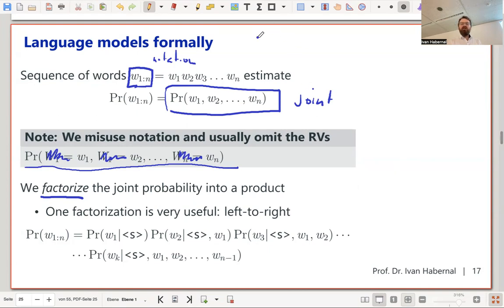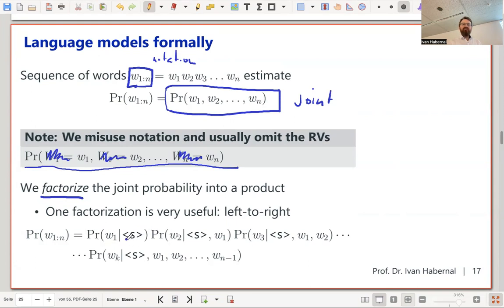We don't have time to spend on it here, but there is one factorization which is useful, and this is left to right. So what I'm going to do is express this joint probability as a product of conditional probabilities, starting from the left-hand side.